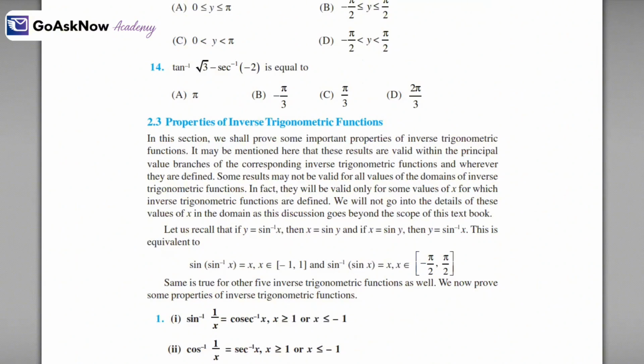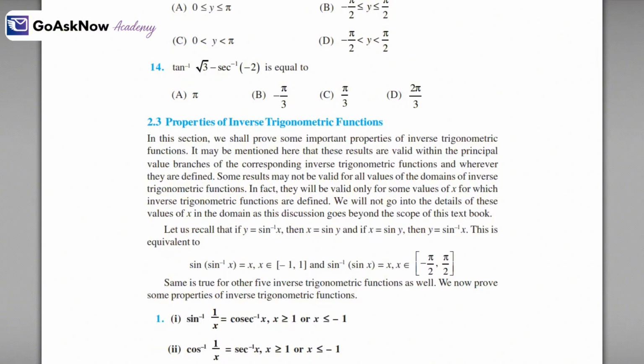So there are some properties of trigonometric functions, like some formulas, and these are already defined for the principal value branches of the inverse trigonometric functions. And some results may not be valid for all values of the domain of inverse trigonometric functions. Some properties will not be valid for all the domain.